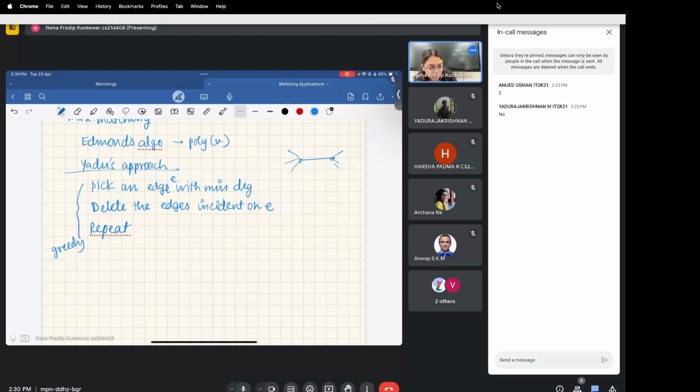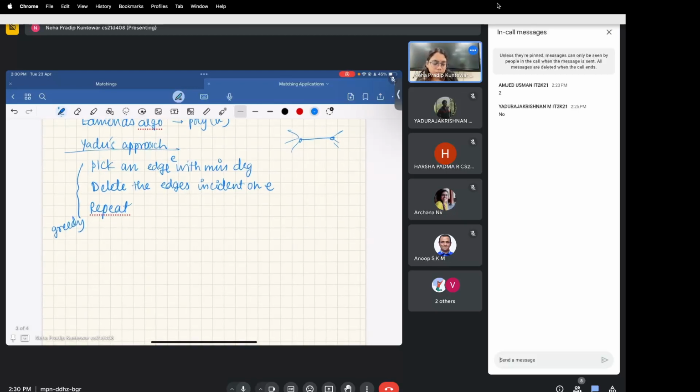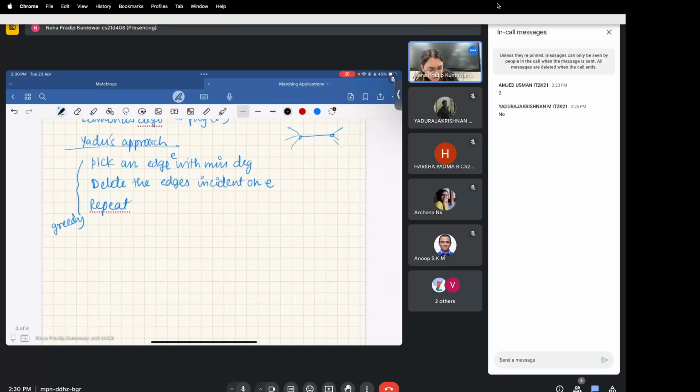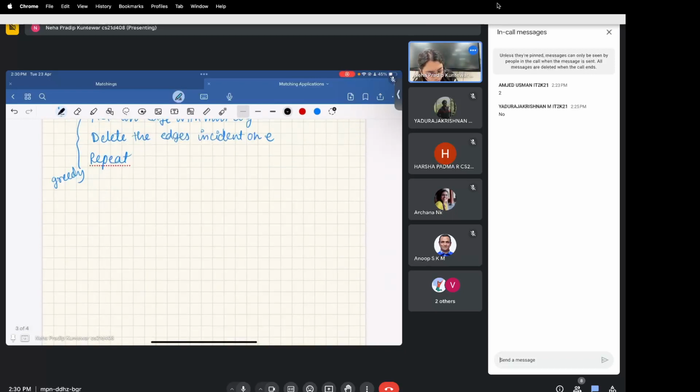I think this is a counterexample for this. Let me know if this is fine with you. Basically the idea is that you take an odd length path, and now there are two matchings that you can see here. One is that you pick this edge, and the other is that you pick these edges.